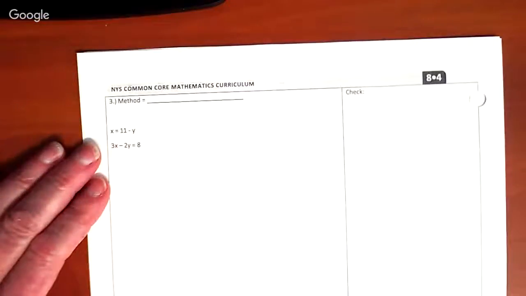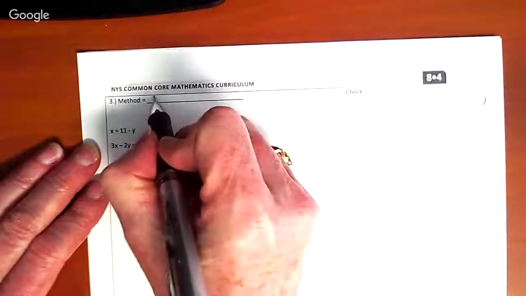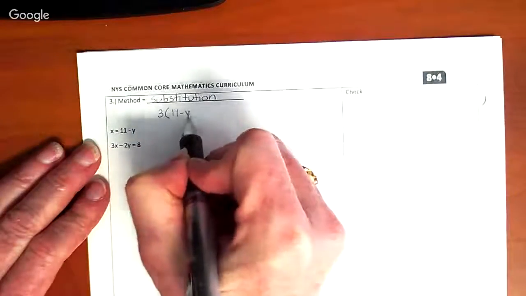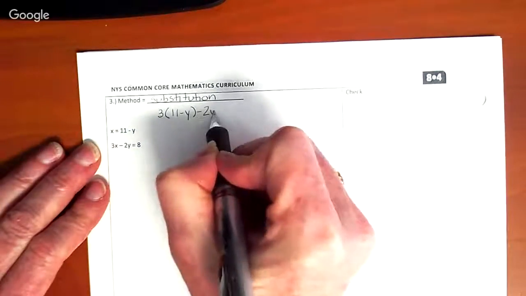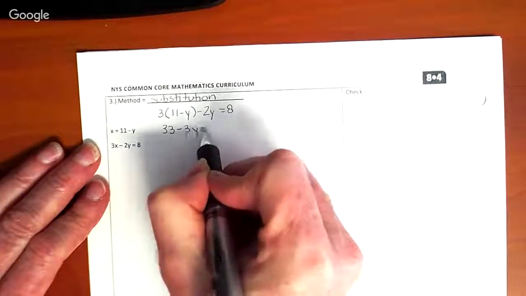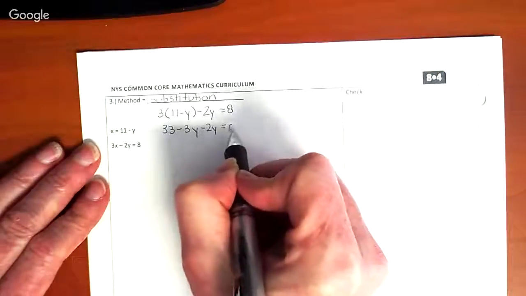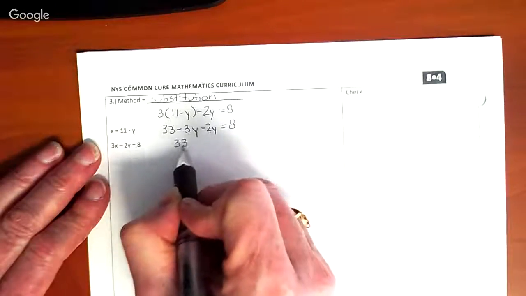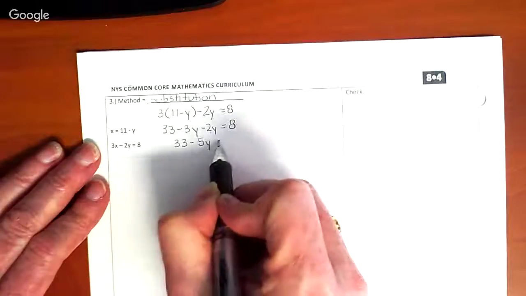Next. This next one, I'm going to use substitution again. So here I have 3 times 11 minus y minus 2y equals 8. So we have 33 minus 3y minus 2y equals 8. Combining my y's, I have 33 minus 5y equals 8.